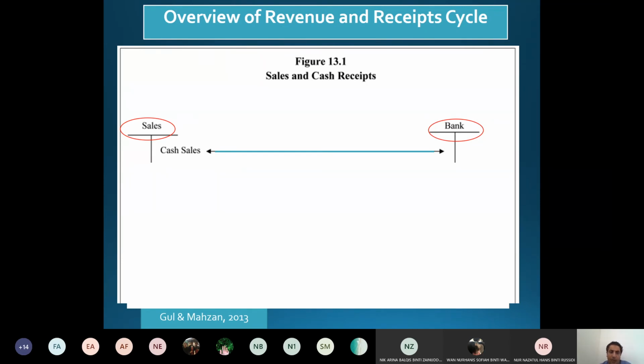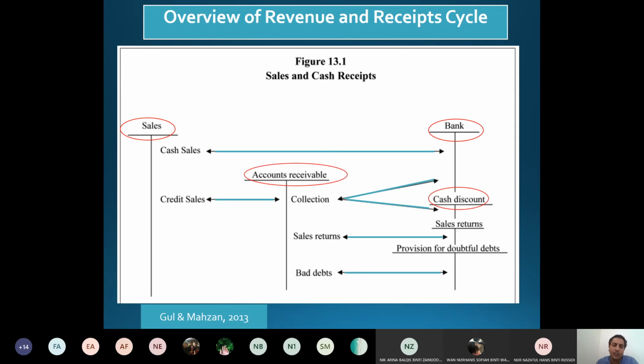This is the basic transaction that we do. In T accounts, when we have a cash transaction, we will have direct recording, and we will credit the cash sales in the sales account, and under the bank or the cash account we will debit.